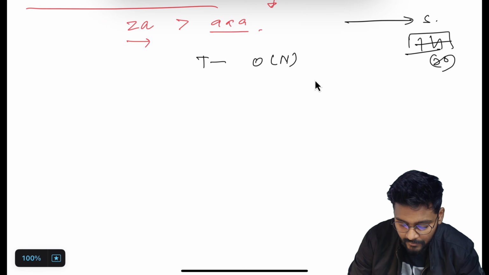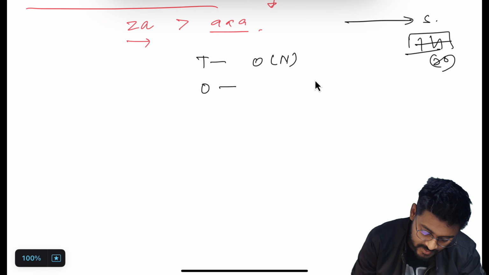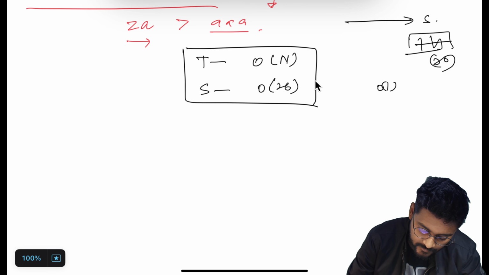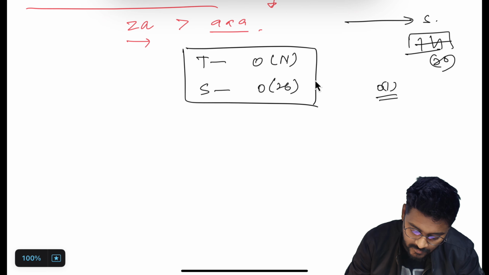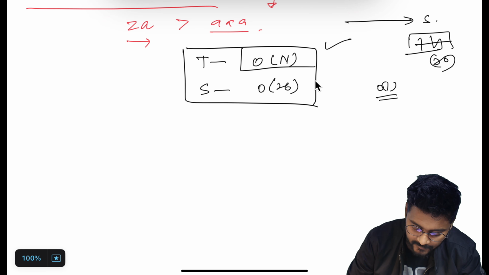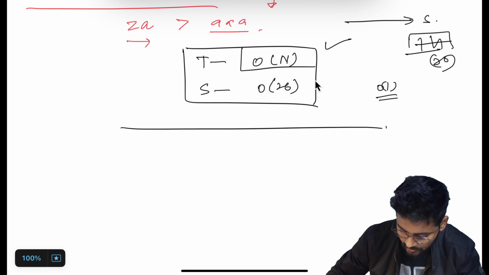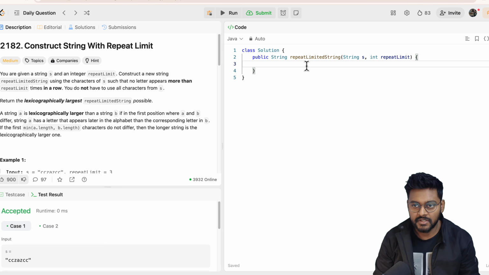And that map, or you can say the array, is only 26 size. So the space complexity is constant, order of 26, or just say order of 1, constant space. So linear time and constant space. Now let's write the code. First of all, we need to capture the frequency of every character in S.